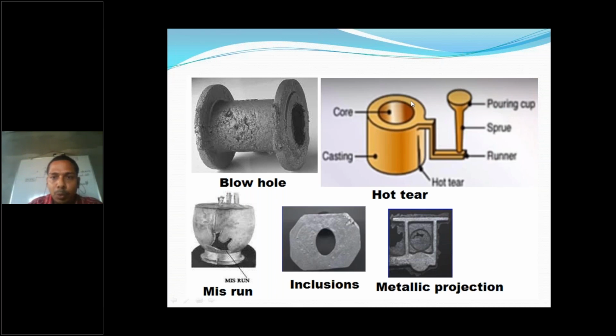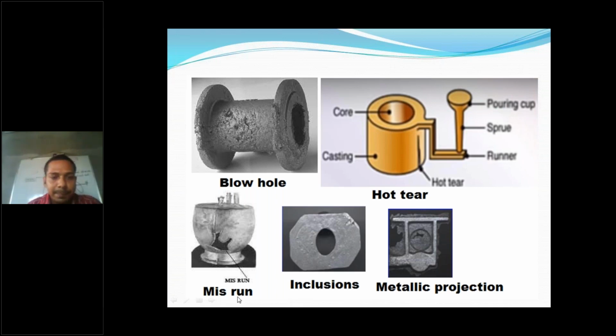Now if the core is collapsible, then it will collapse and there is no resultant stress developed on the product. But if the core is very hard, what happens? Again uneven stress will develop. The product tends to shrink, but at the same time the core resists it. So stress develops, and due to that there is possibility of development of a crack. So this is the hot tear.